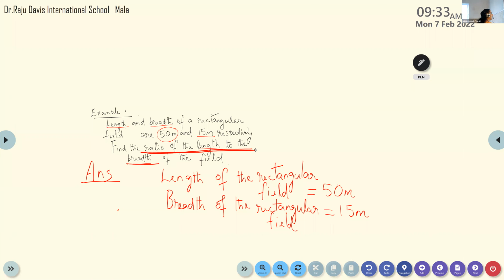Ratio of the length to the breadth. Write that ratio.